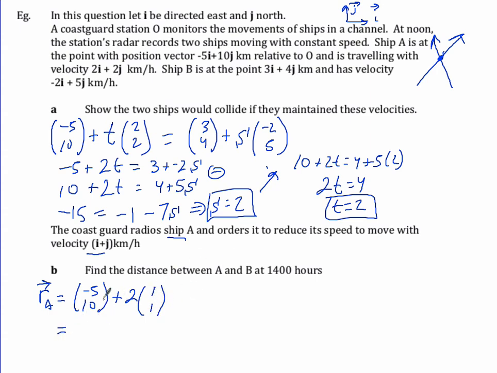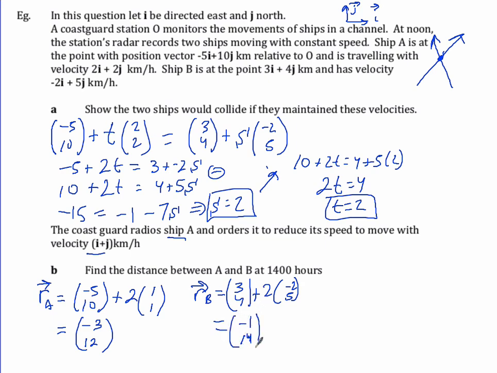Okay, so that's going to be (-3, 12). And for B, we have (3, 4) plus 2 times (-2, 5), which is (-1, 14).